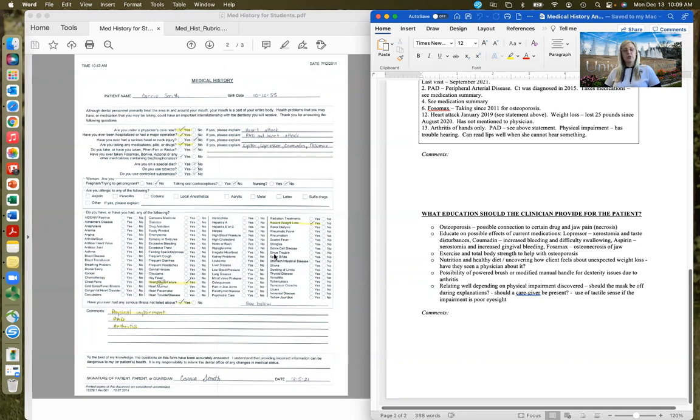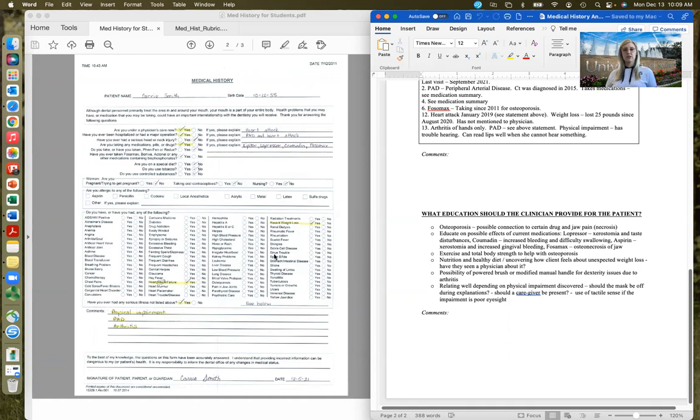If they said they had arthritis of their jaw, then our education is going to be different, as far as making sure that they are maintaining things at home and doing the best job that they can to keep their mouth healthy. And how can we help them do that, right? So it depends on what their answer is, but there should be some sort of education that addresses the individual's arthritis.